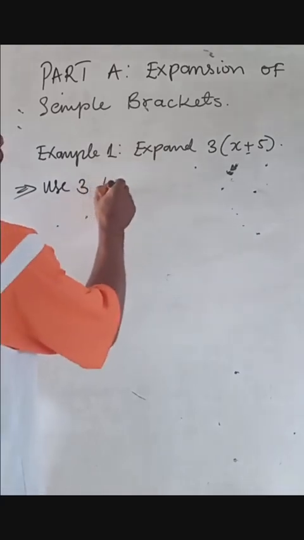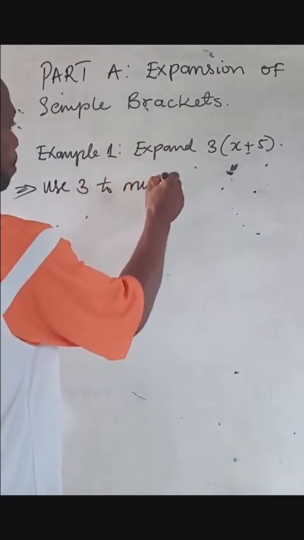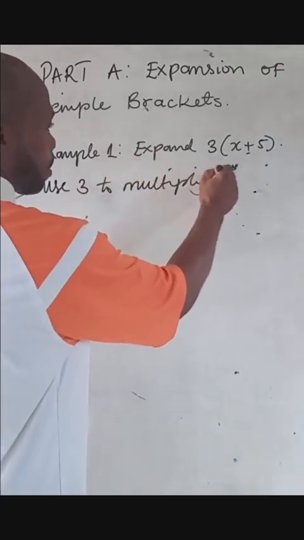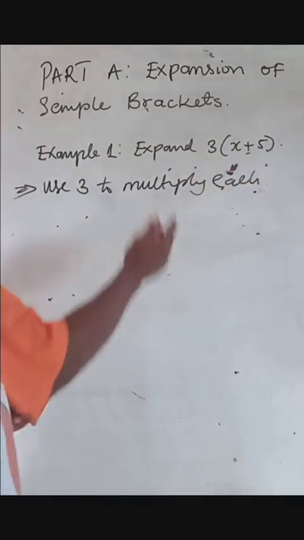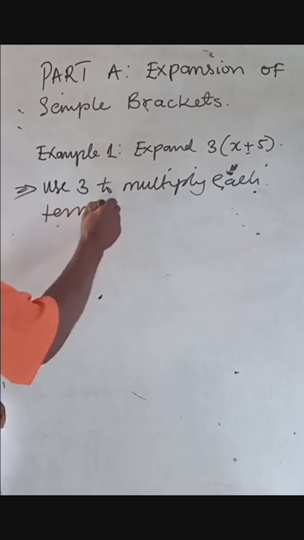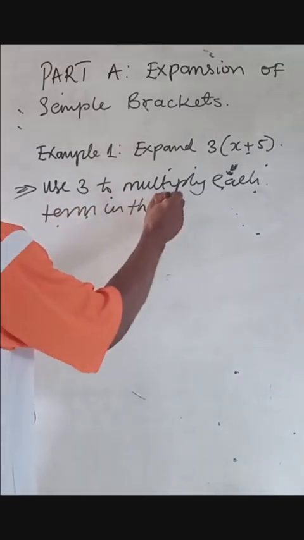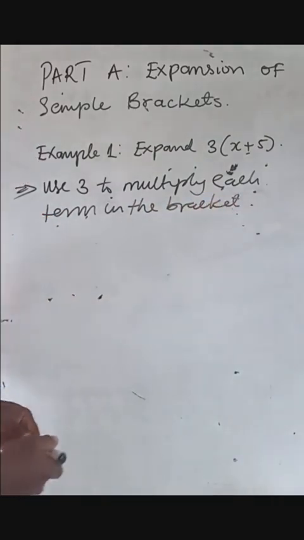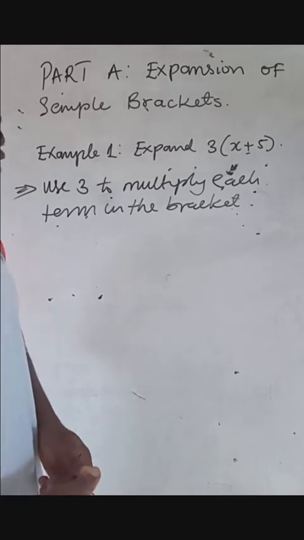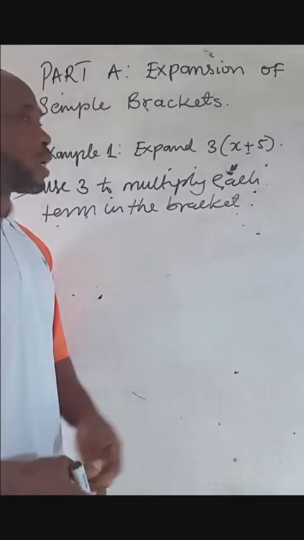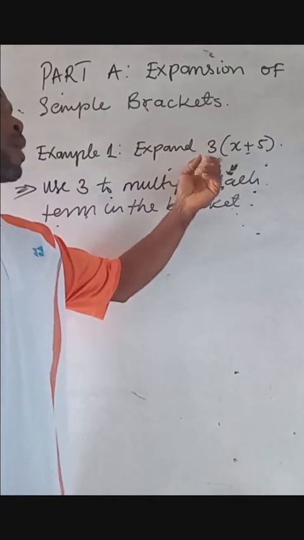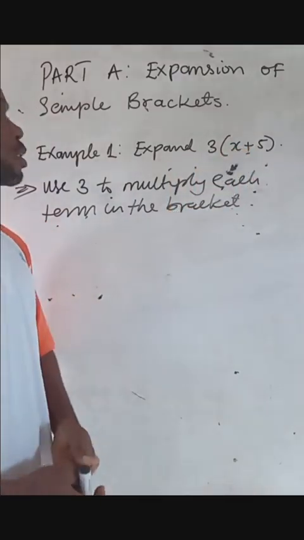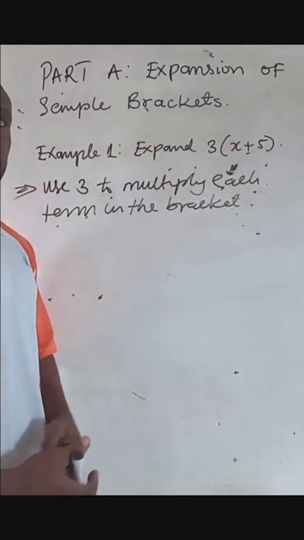to multiply each term in the bracket to open up the bracket. To expand 3 bracket open x plus 5 bracket close means that we should remove the bracket.